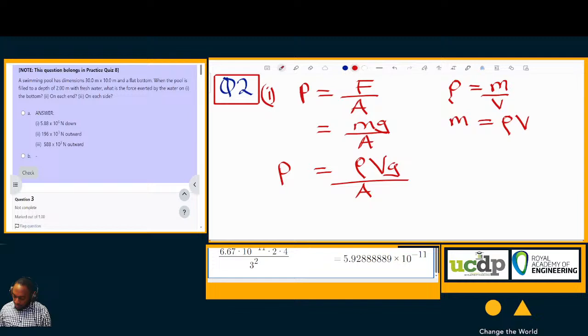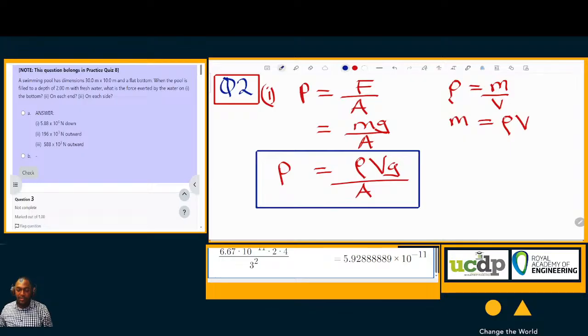Now, you can see that the question is asking for pressure on different sides or walls of the pool. So the first one that is being asked is the flat bottom, which would be the product of the length and the width.